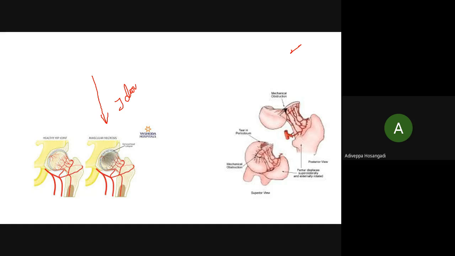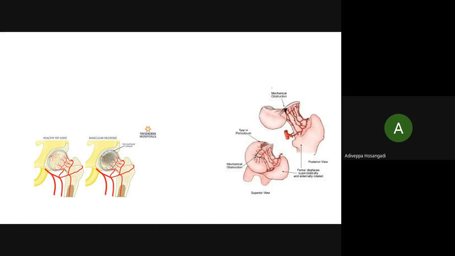We don't know the cause, but these blood vessels which are inside the trabeculae of the neck, because of certain diseases like steroid overuse or caisson's disease, because of deposition of fat, the blood vessels get compressed and there is a shortage of the blood supply. Again, there is avascular necrosis. I'm just trying to explain the pathophysiology very briefly. If you can remember, it will be great.